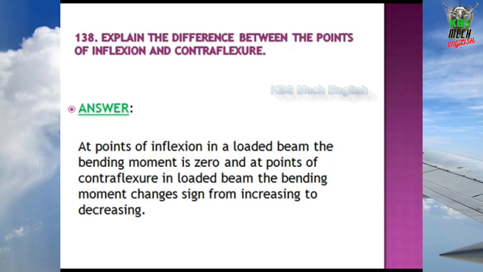Explain the difference between the points of inflection and contraflexure. Answer. At points of inflection in a loaded beam, the bending moment is 0. And at points of contraflexure in a loaded beam, the bending moment changes sign from increasing to decreasing.